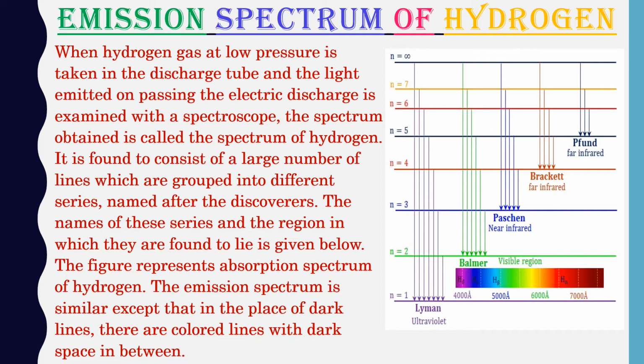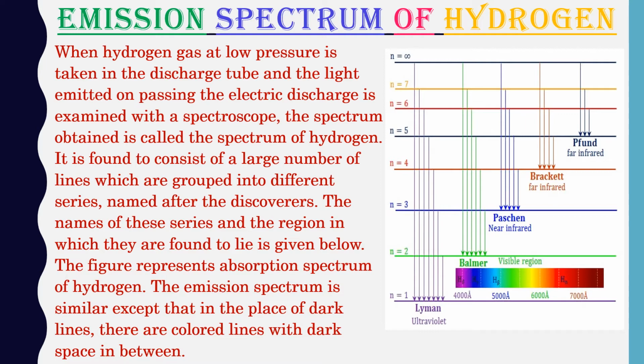The first one is the Lyman series, second is the Balmer series, third is the Paschen series, fourth is the Brackett series, and fifth is the Pfund series. For the Lyman series, it is lying in the ultraviolet region. The Balmer series lies in the visible region, the Paschen series is near the infrared region, and Brackett and Pfund are very far in the infrared region.